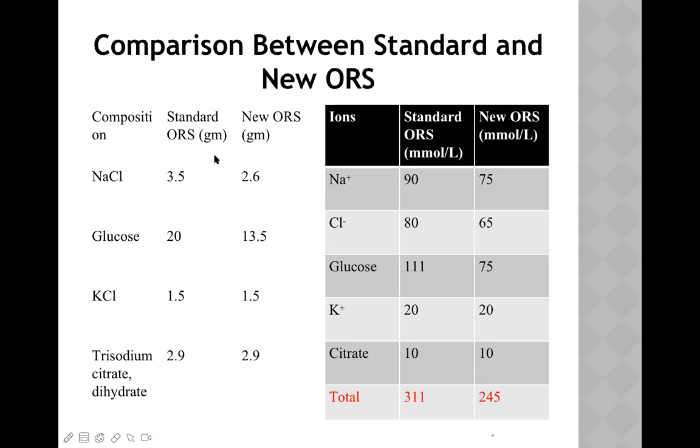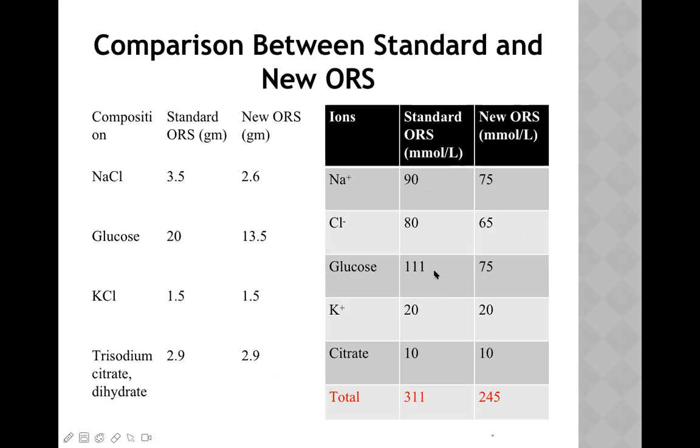Now rather than grams, we love to ask in this way, millimole per liter. So what is the amount of sodium in standard ORS and in new ORS? See there, standard ORS 90, new ORS drops to 75. Chloride was 80 before, now it's 65.